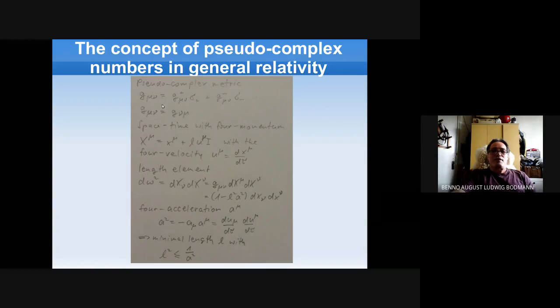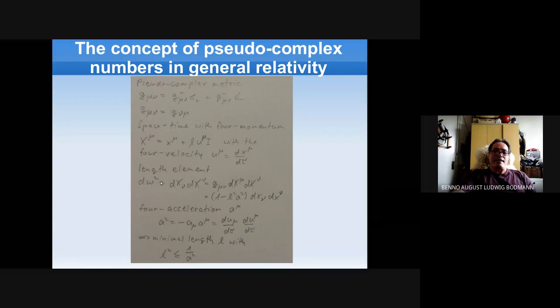And with this, we can define the pseudo-complex metric, which is created by these pseudo-complex numbers, where we have a metric in the plus part and in the minus part. But we require the symmetry that g mu nu needs to be g nu mu. The space-time is enlarged with a combination of a four-momentum, where emerges the four-velocity multiplied by this minimal length parameter.